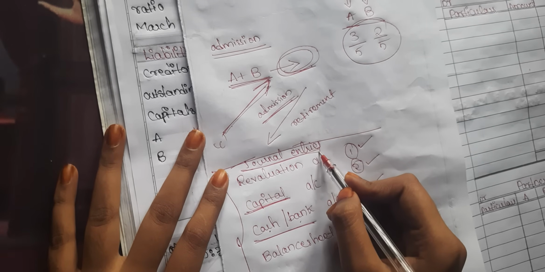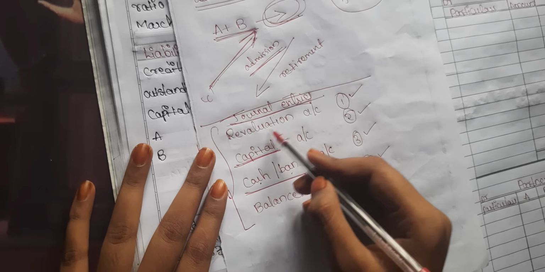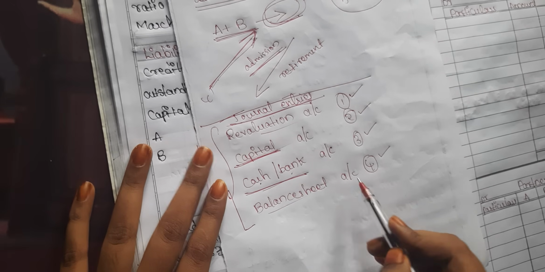In the first and second semesters you have practiced, and I have also explained journal entries, so that is a familiar topic, not a new one. You just need to know how to enter the entries. But normally it is revaluation, capital, cash, bank, balance sheet.